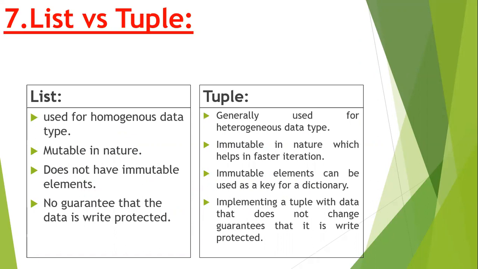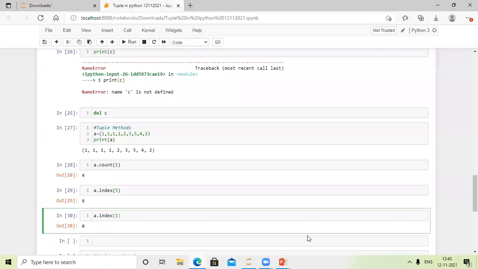A list does not have immutable elements. Immutable elements can be used as a key for a dictionary. In a list there is no guarantee that the data is write protected. Implementing a tuple with data that does not change guarantees that it is write protected. Let me check.